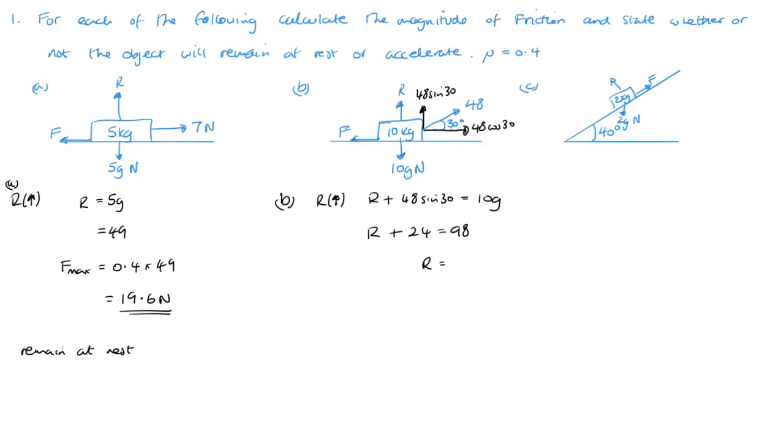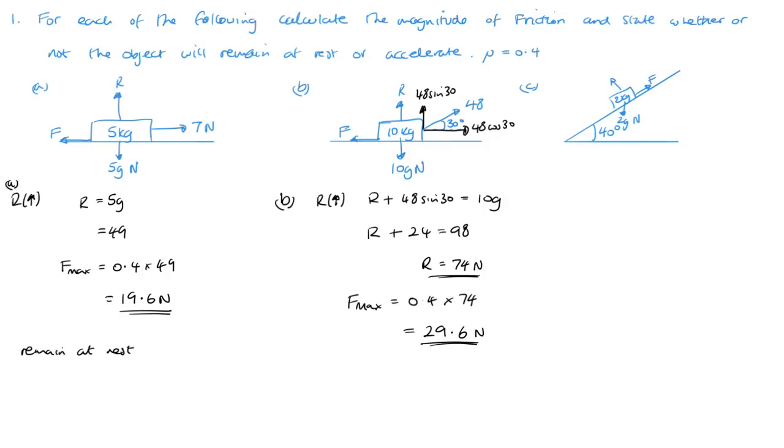So R in this case will be 98 minus 24, or 74 newtons. And it's very easy to make that error. So F max now is 0.4 times 74, so F max is 29.6 newtons. Okay, now that makes sense.